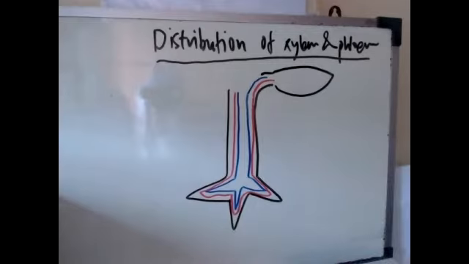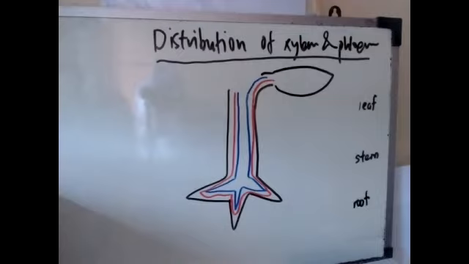The distribution of xylem and phloem in the leaf, in the stem, and in the roots.